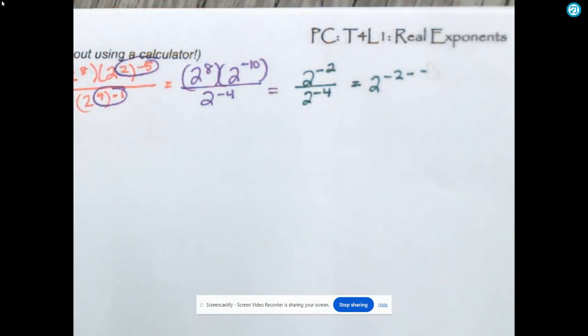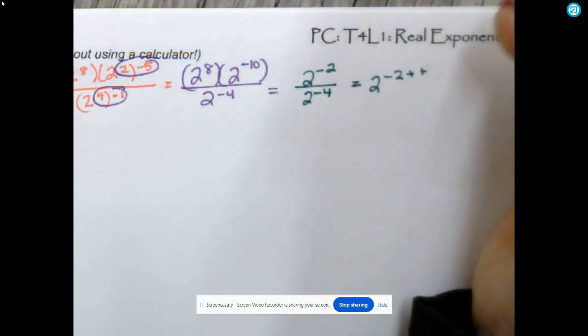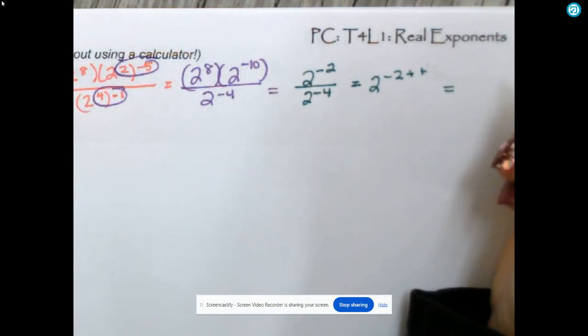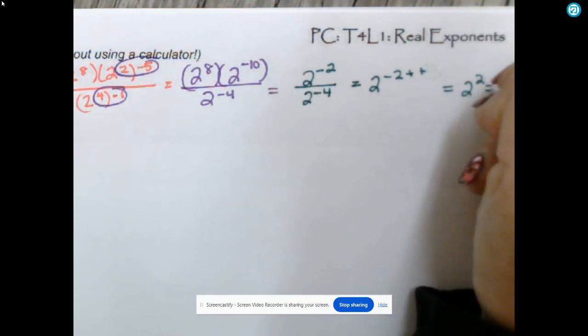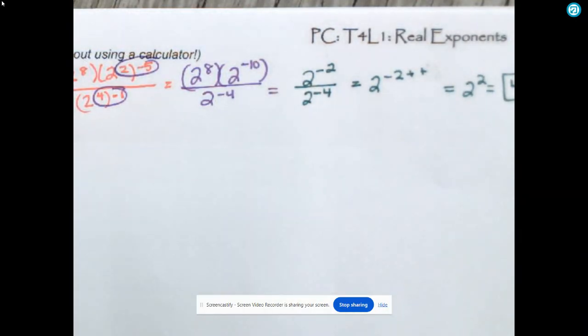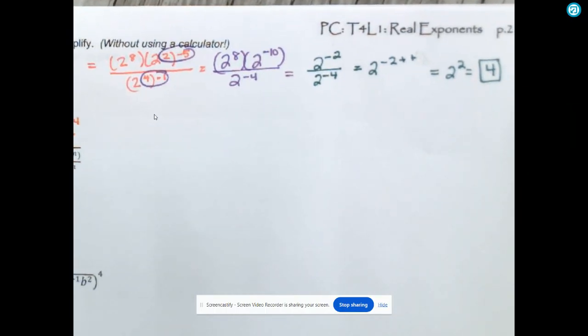And negative 2 plus 4, I'll write that 4 once my whiteout dries, y'all. Negative 2 plus 4 is going to be 2 squared, and 2 squared is 4. Again, I'm well aware we can type that into the calculator and hit enter, but on your worksheet today, if you don't show that work, you don't get the credit for what you did.